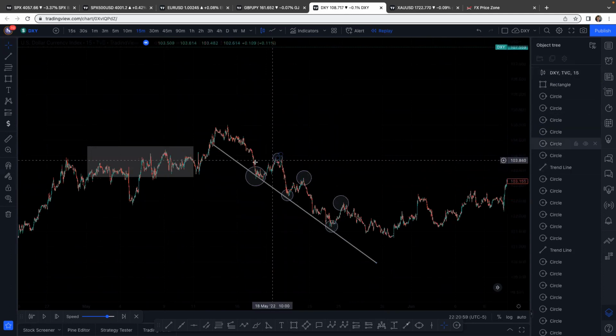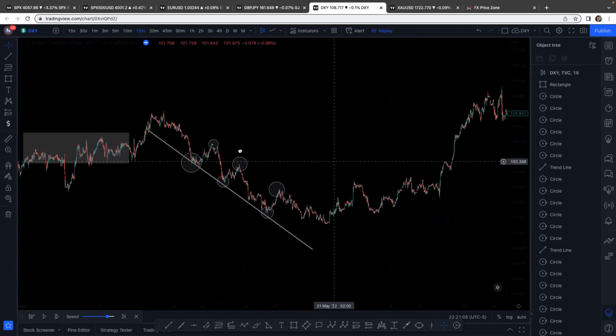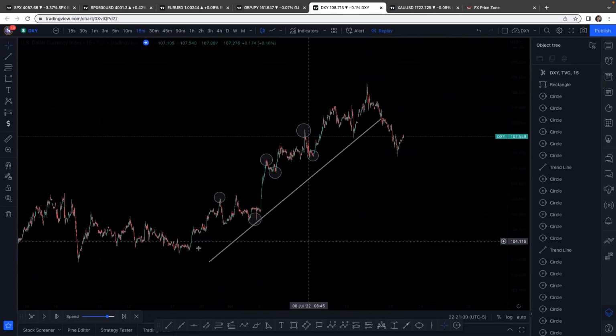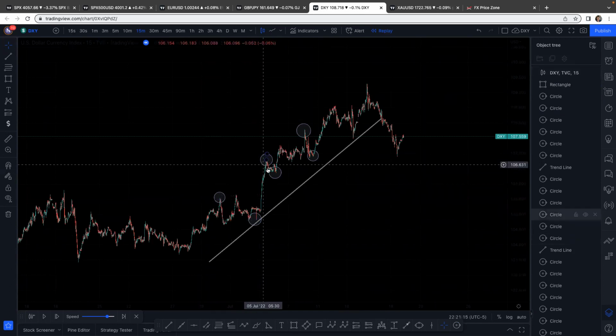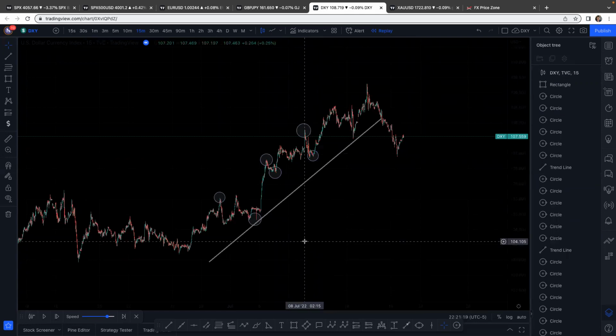And then if you're able to see those peaks like this, highlight those, and then also find your uptrend like this and highlight your higher highs, your higher lows, just as I have right here. And once you've done that, you can resume the video.